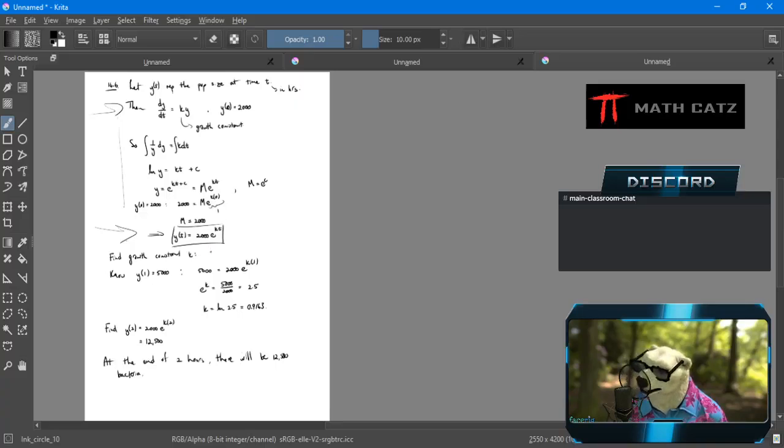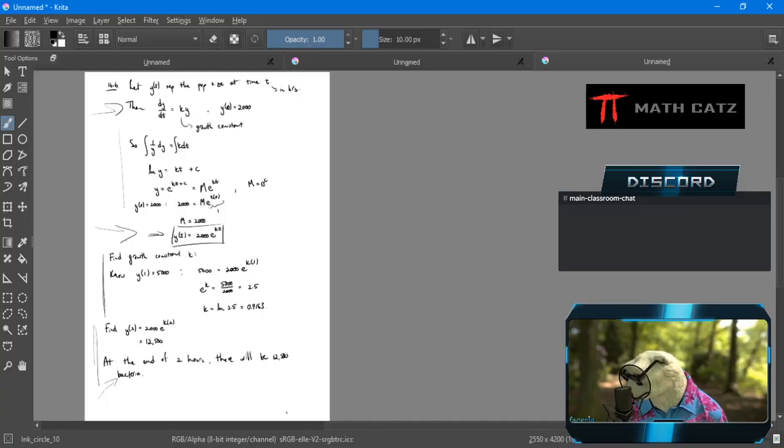In this case, I didn't know the function completely, so a little more was required, which they do give me information for. Then I have my function and I can answer the final part and conclude with a concluding sentence. All right, so that is a typical population growth question.